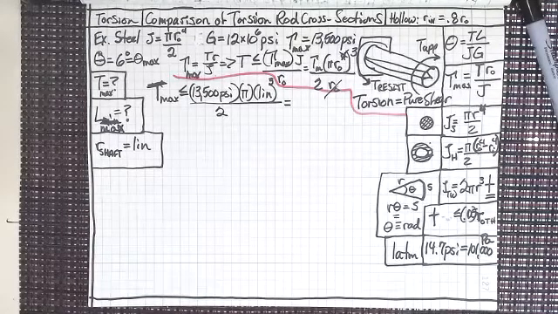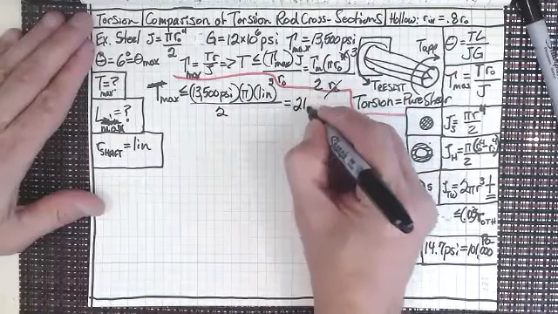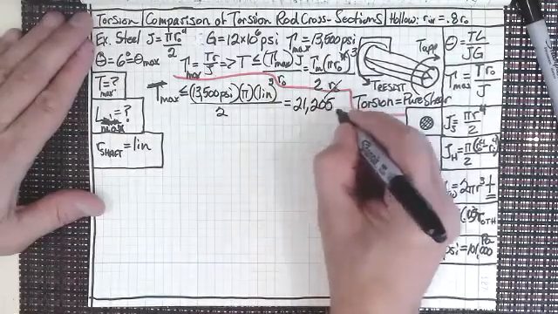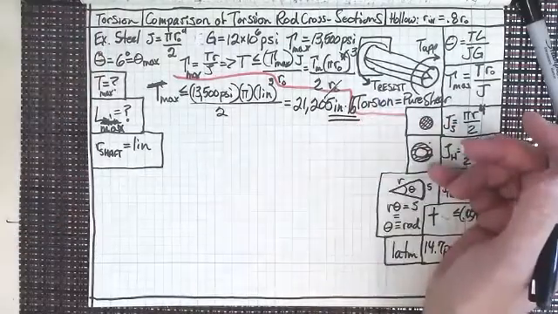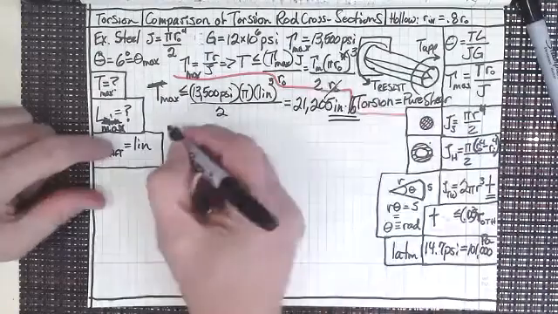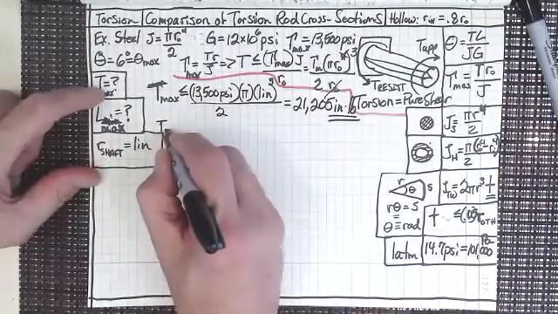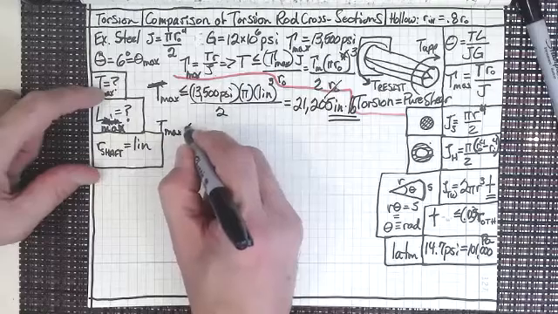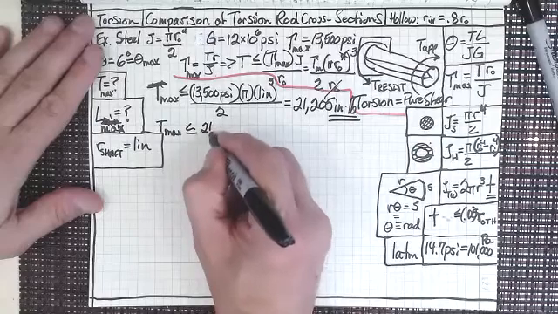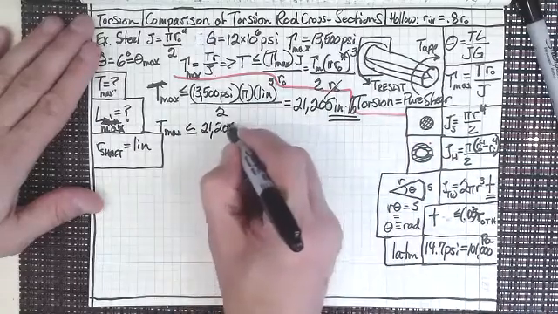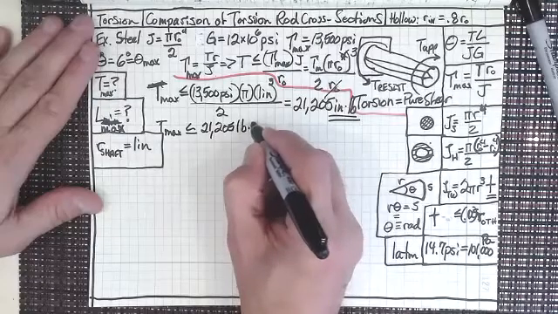13,500 pounds per square inch times pi times 1 inch cubed divided by 2 equals 21,205 inch pounds. Let's not get ahead of ourselves. So T max has to be less than or equal to 21,205 inch pounds.